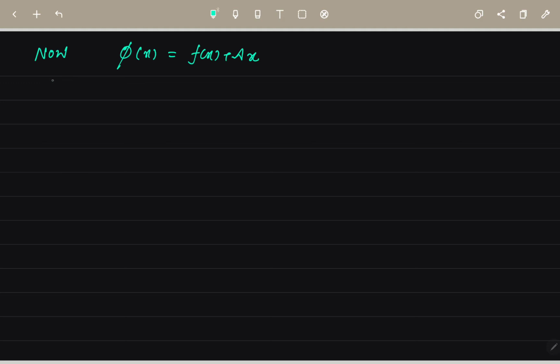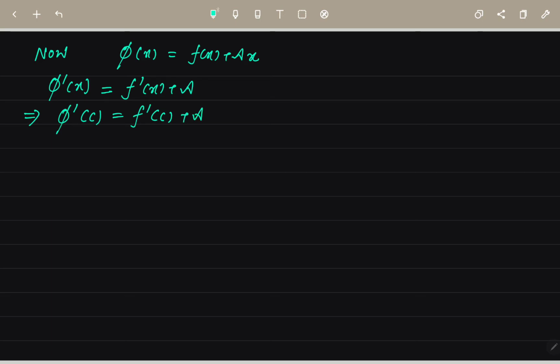So I will write here phi dash x. Differentiating this equation with respect to x, I get f dash x plus a. Replacing x by c, I am left with phi dash c, which is equal to f dash c plus a.